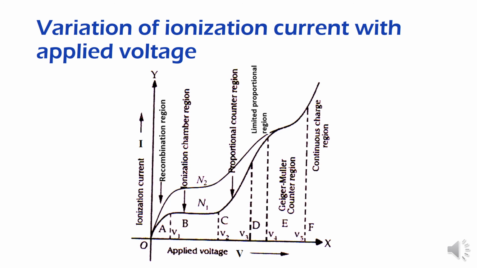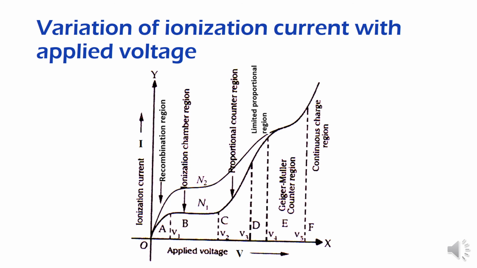This current is because of the discharge of the atoms. The potential at the anode itself is very high. It will ionize the atoms present in the chamber. Therefore, in the absence of radiation, you are getting the current.